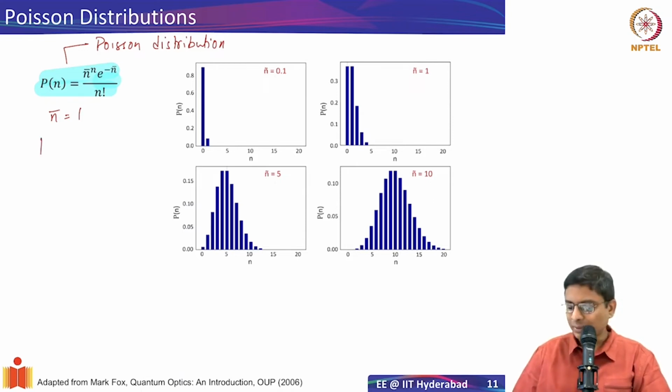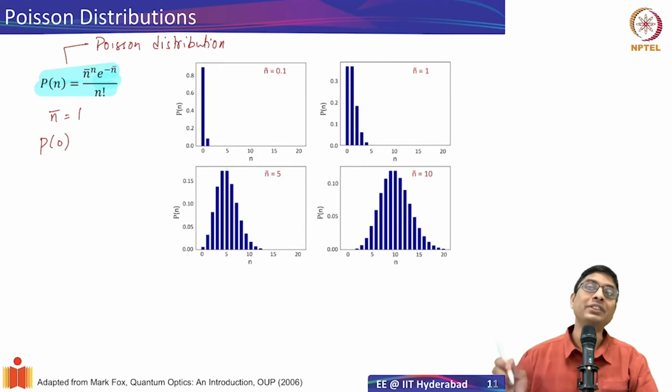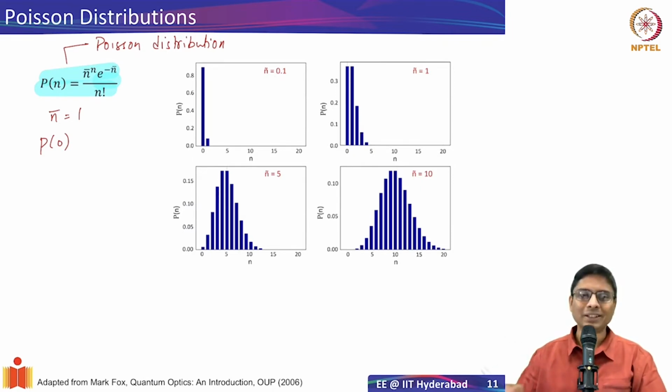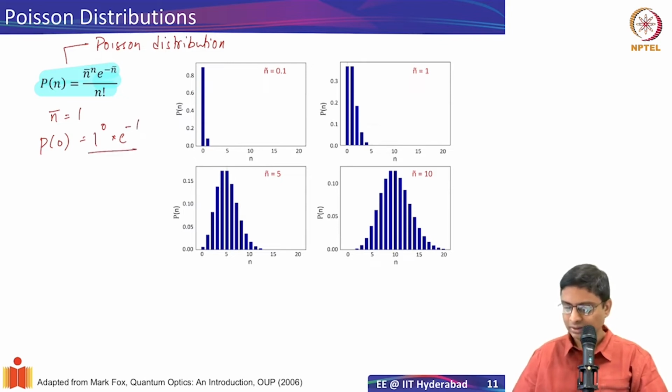So what is the probability of finding 0 photons? You are making a measurement where the average number of photons is 1. So n bar is 1, and the probability is 1 to the power 0 into e to the power minus 1 divided by 0 factorial, and 0 factorial is 1 anyway, right? So this is 1 over e.